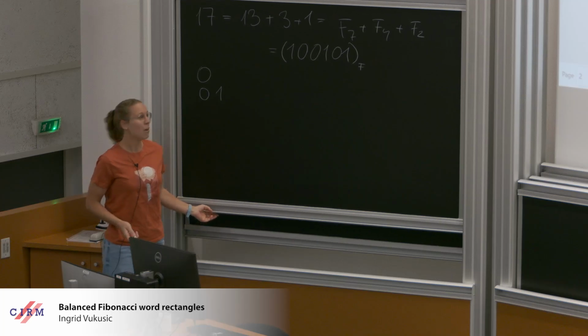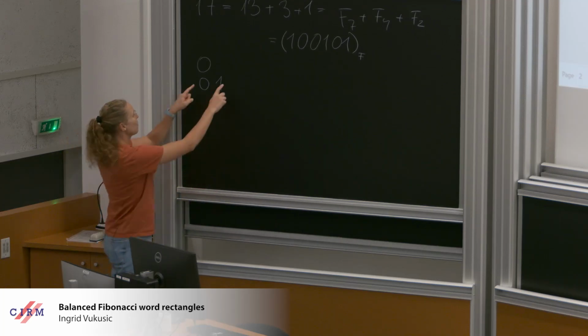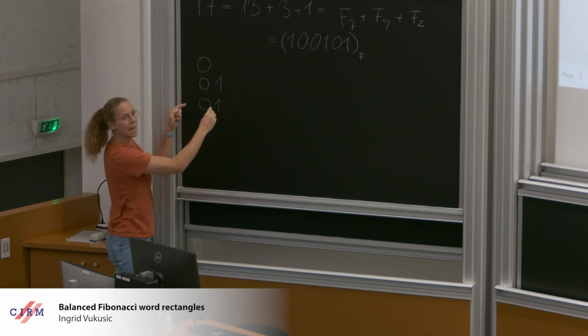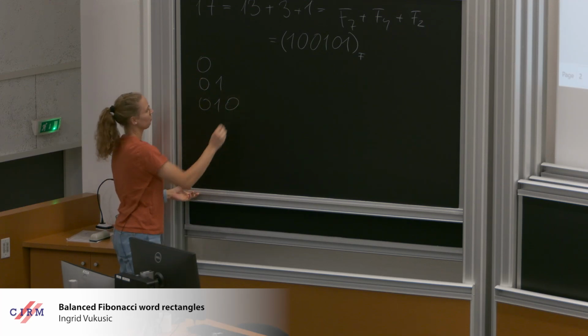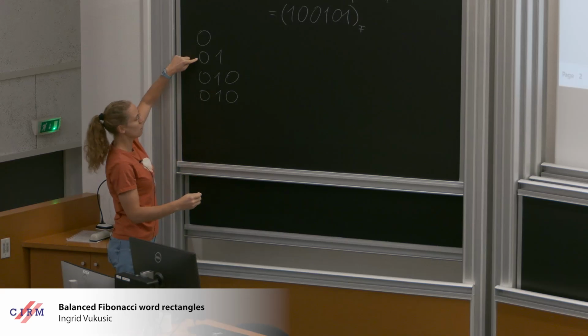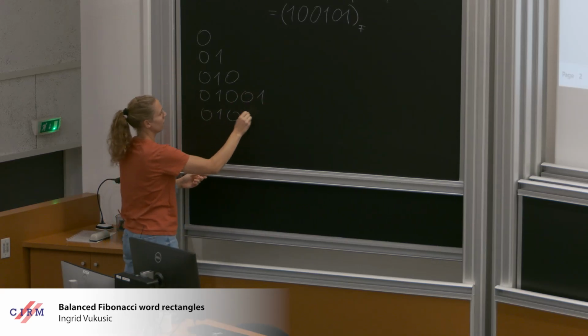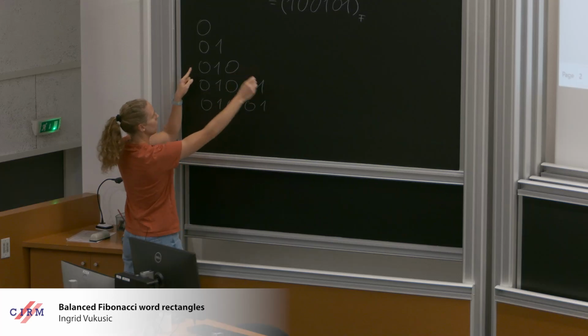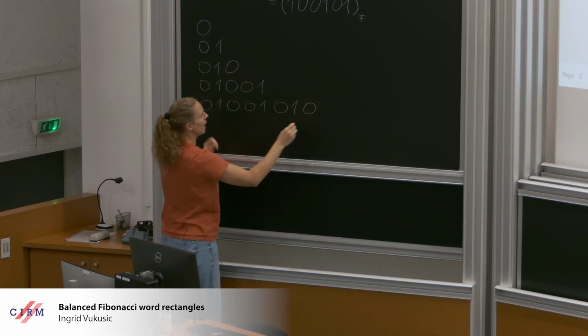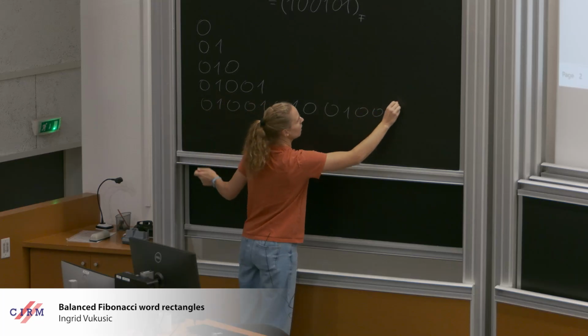And then we do the most Fibonacci thing we can think of. We just take the previous block and we append the one before. And then we take the previous block and we append the one before. And again, the previous one, append the one before. 0, 1, 0. And then you can keep doing this, so then we get 0, 1, 0, 0, 1.